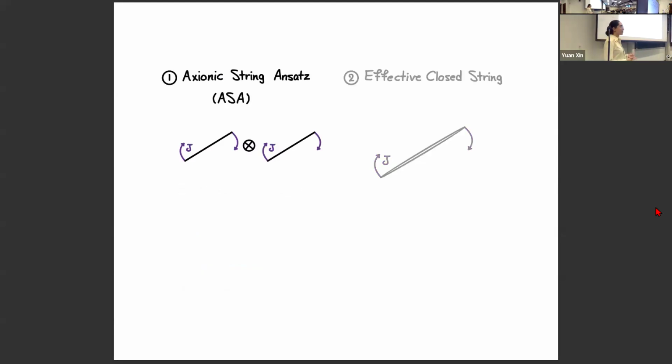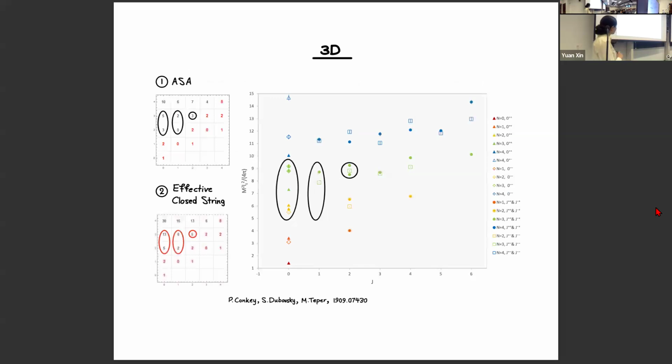In the vicinity of the Regge trajectory, these two ways calculate the multiplicity the same, but in higher levels, it's ASA that matches better with lattice data. For example, in 3D, already at the second level, the effective closed string overcounts the states, while ASA calculates the multiplicities and also the P and C parities of the states correctly.